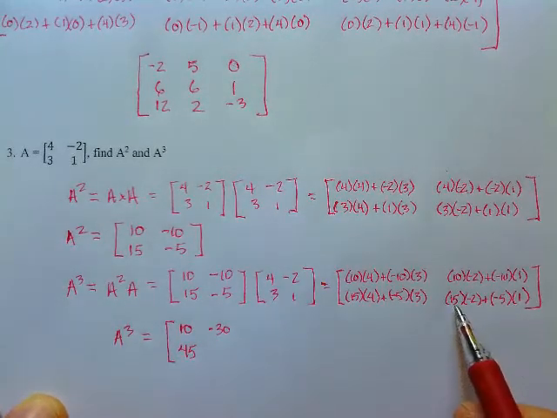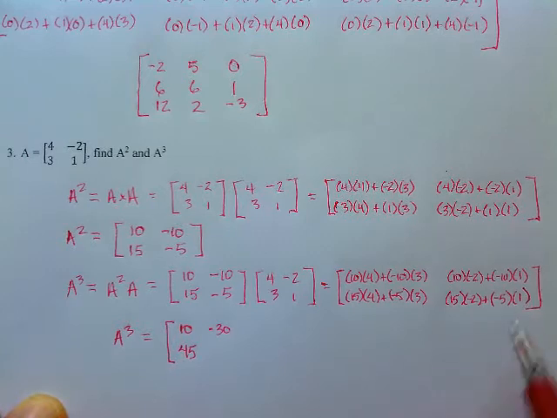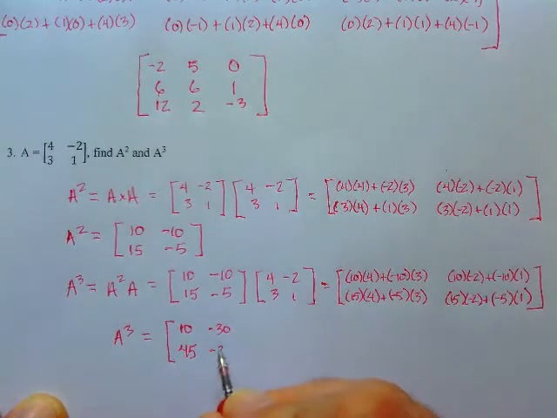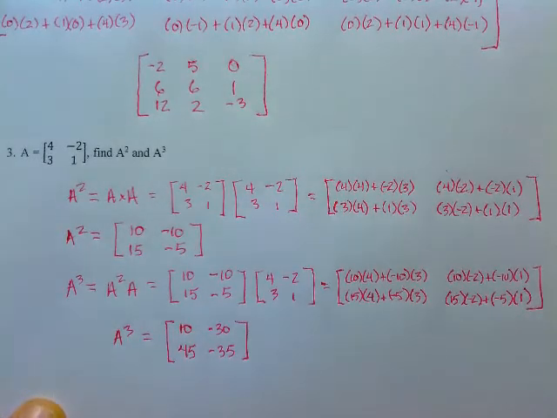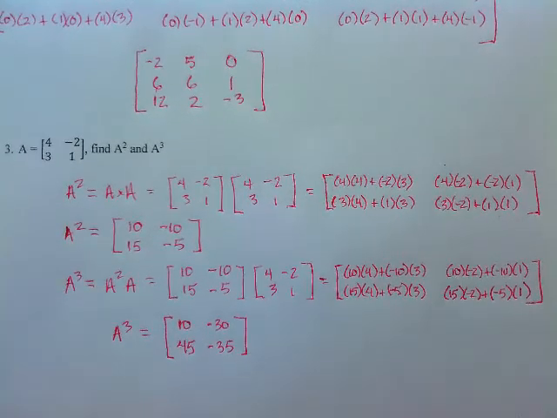And here is negative 30 minus 5 more, negative 35. So there is A cubed. So, adding, subtracting, and multiplying.